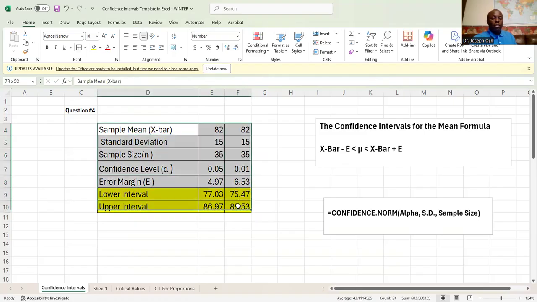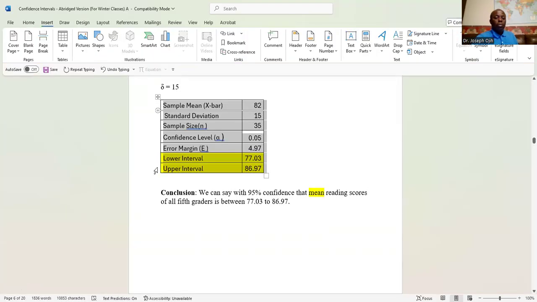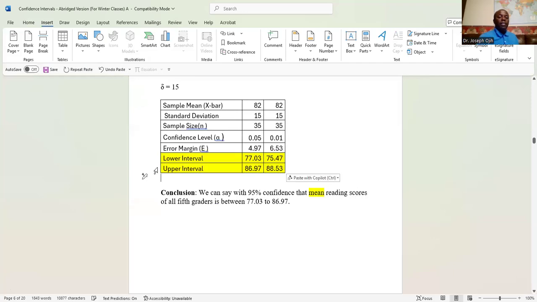So I'm going to copy this whole thing and use it to replace the one we have already. So I'm going to erase this one and put a new one. So when they put them side by side, you can even compare them.